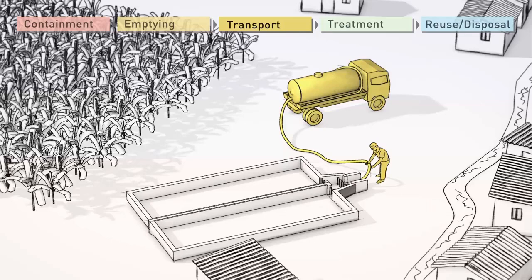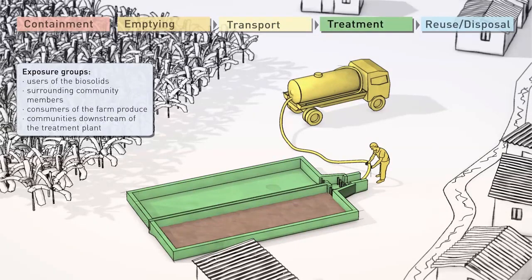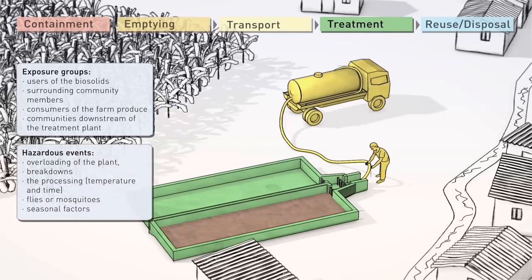At the treatment step, it is vital that the treatment process operates well so that effluent and biosolids meet agreed standards. If not, users on farms and consumers of the farm produce will be exposed to an unacceptable risk. The hazardous events may include overloading of the plant, breakdowns, the processing temperature and time, and the presence of flies or mosquitoes, or seasonal factors such as high rainfall that may affect performance.